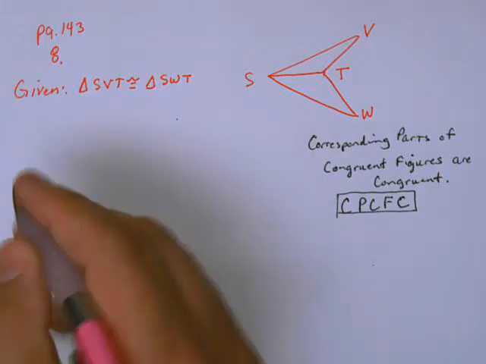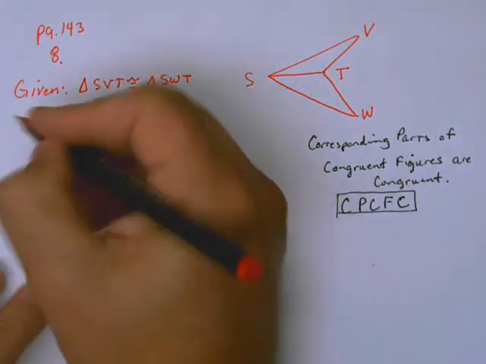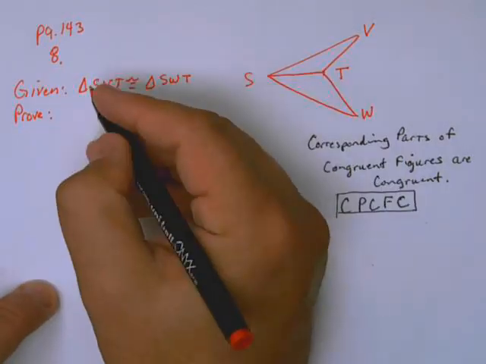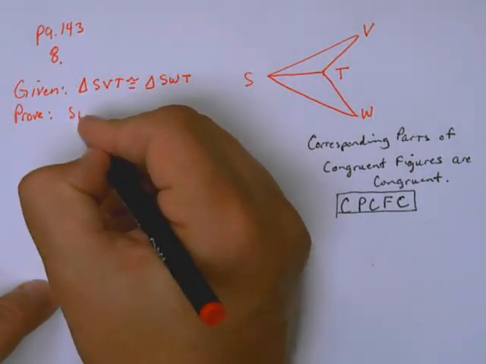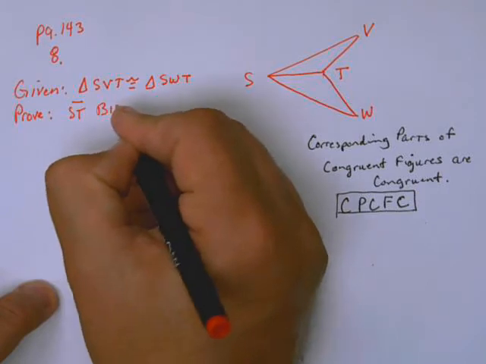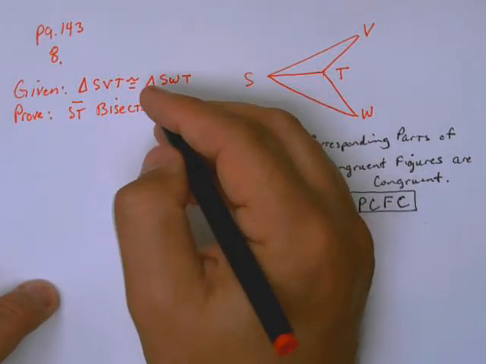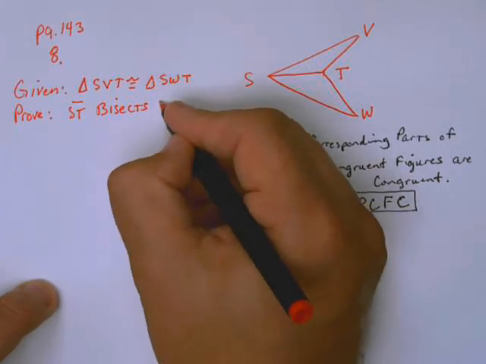They want us to write down what we're trying to prove. So I'm going to write that. We're trying to prove that ST bisects angle VSW.